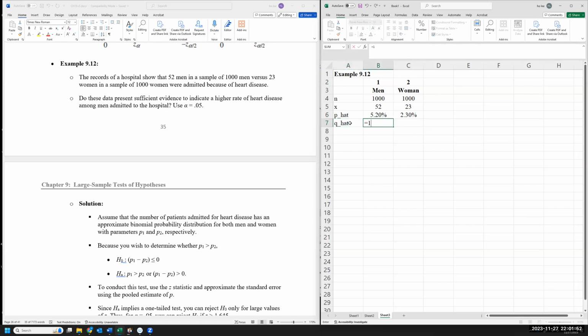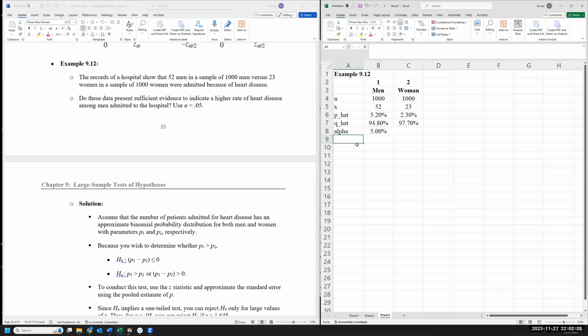That is equal to 1 minus P hat. So 94.8% of men do not have heart disease out of 1,000, and 97.7% of women out of 1,000 do not have heart disease. And they say do this with an alpha of 5.00%.